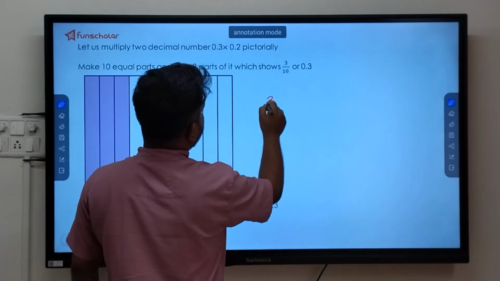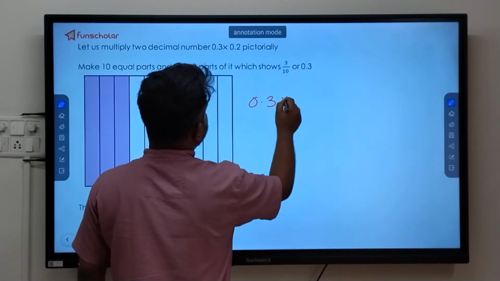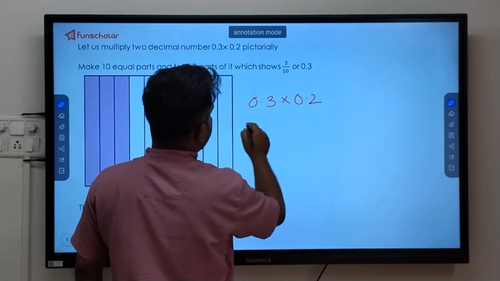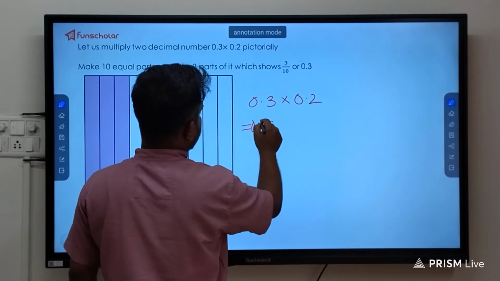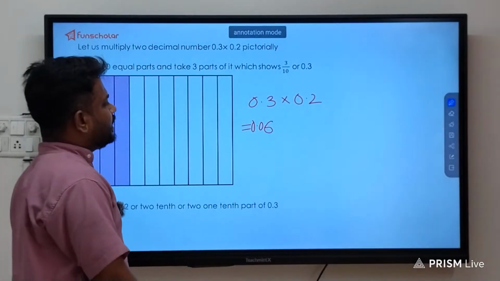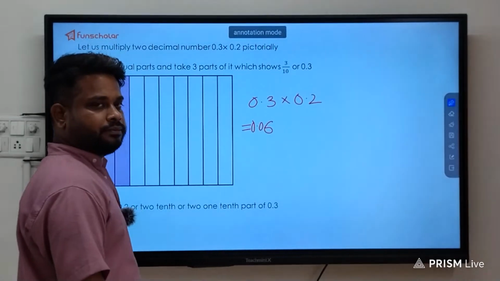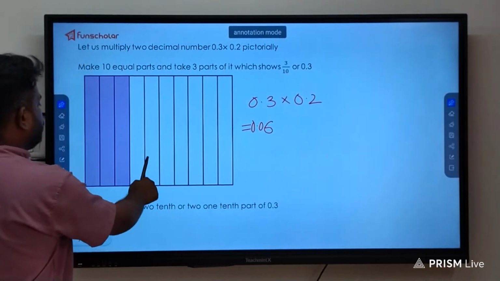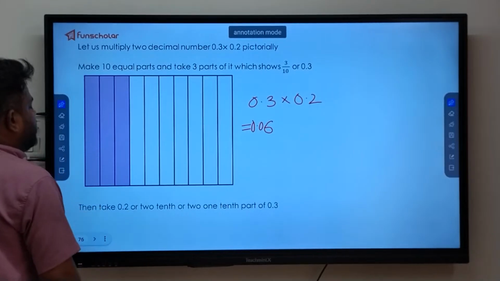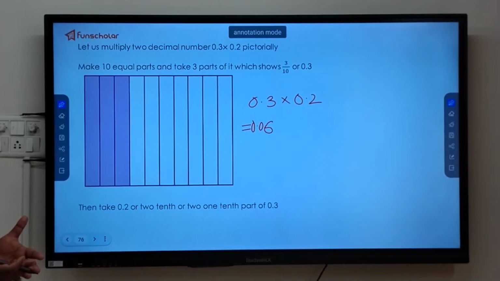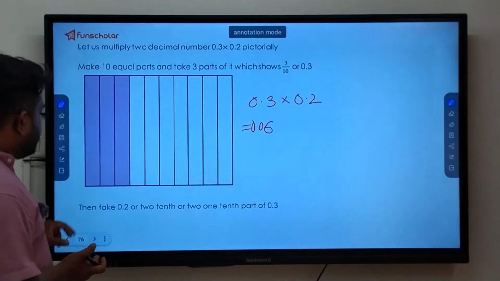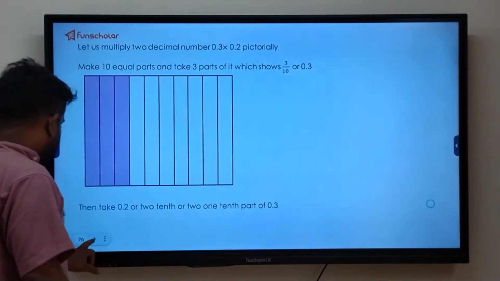Before going to the pictorial form, we can just multiply these numbers to make it 6, and then it will be represented like that. 1 2 3 4 5 6. Okay, let's go to the next one.